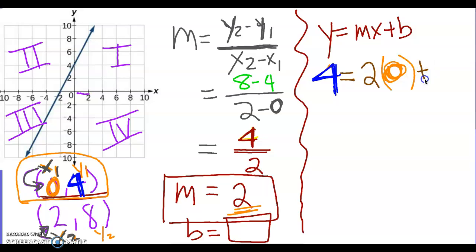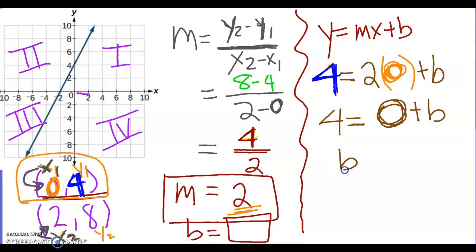So I'm going to just put plus b, okay? So now what I want to do is keep simplifying down. This becomes 4 is equal to 2 times 0, which is what? 0 plus b. Mr. Moore, I don't like the way that looks. Switch it around for me. Sure. b plus 0 is equal to 4.